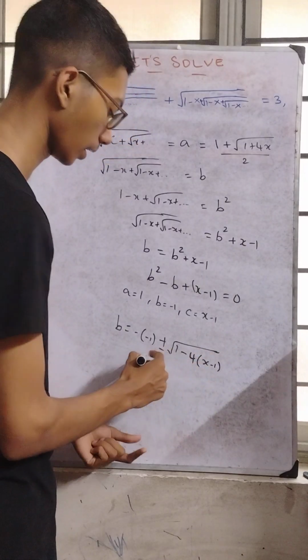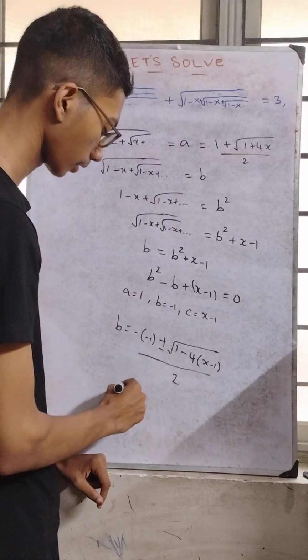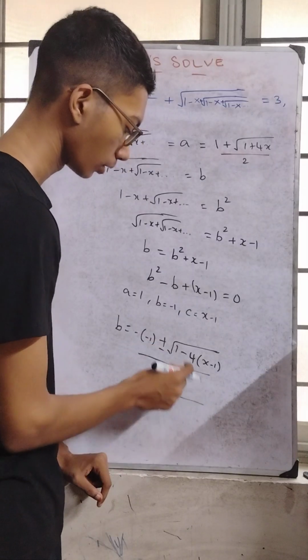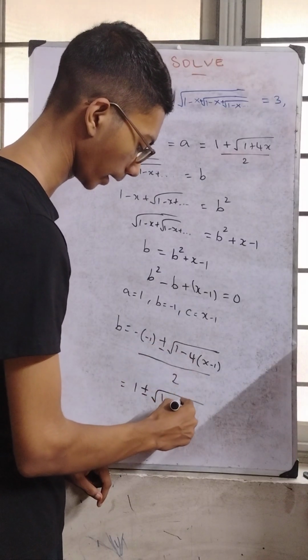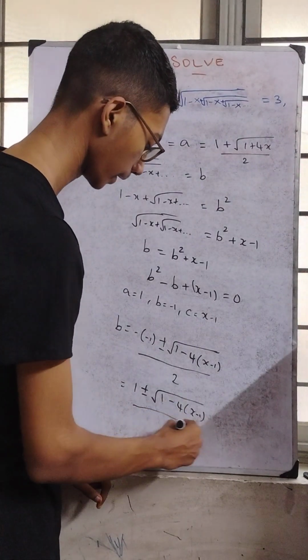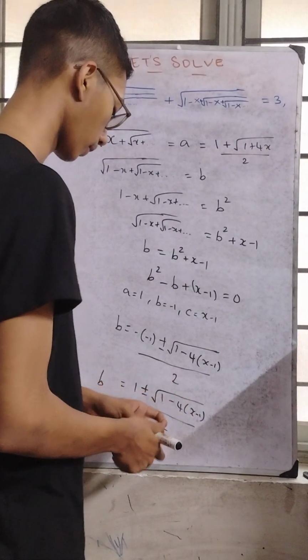So this is what we have here by 2 times of a. So we can simplify this as 1 plus or minus root 1 minus 4 times of x minus 1 by 2. So this is the final value we have for b.